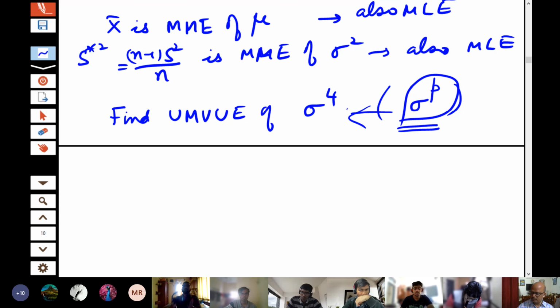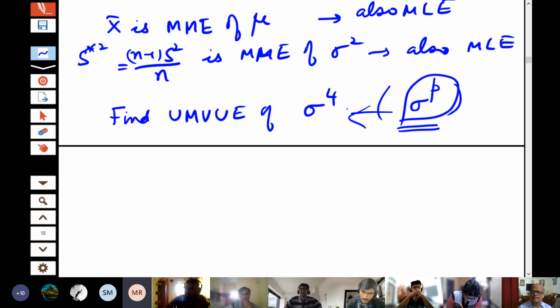Okay, for sigma to the power 4, are you able to get it? Are you able to get it for sigma to the power 4? Two into n minus 1 plus n minus 1 whole square. Say it again.